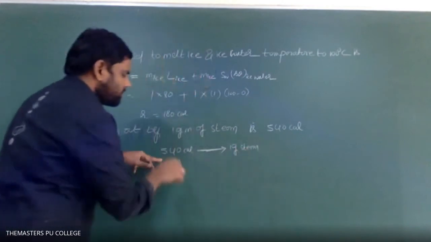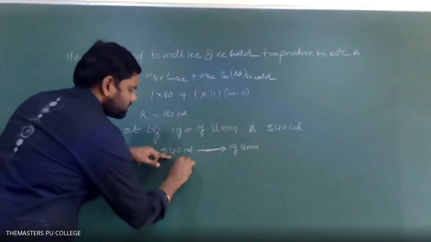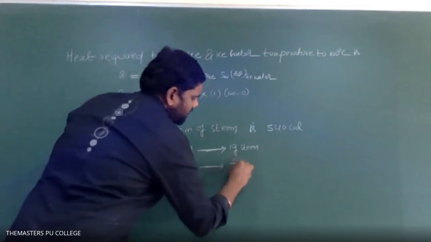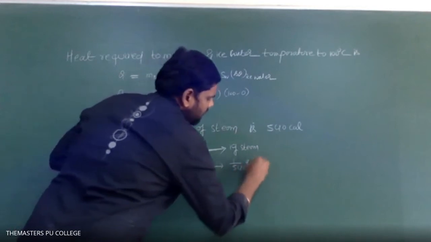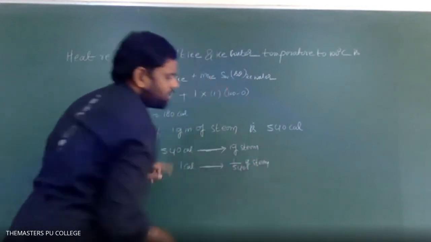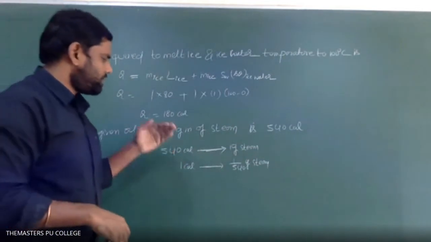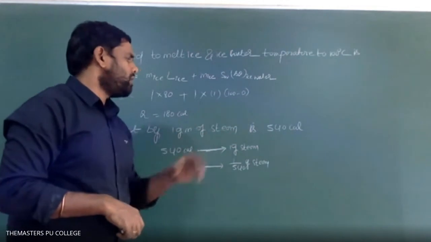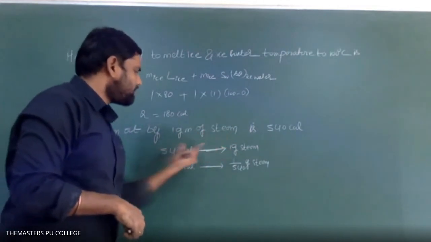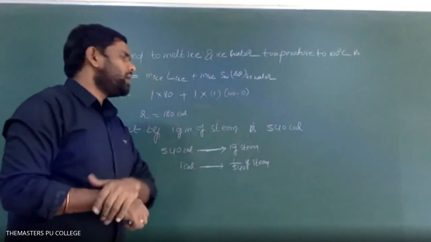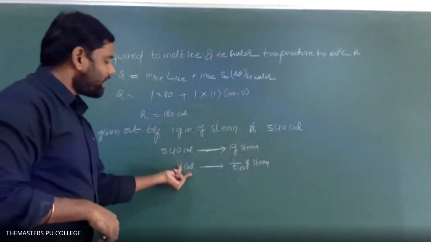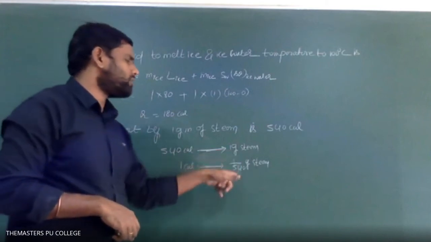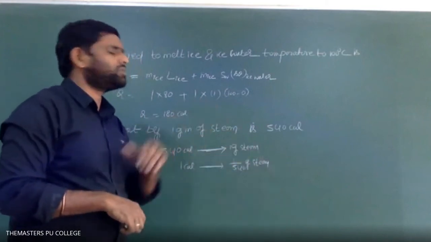So to get 1 calorie of heat, 1 by 540 gram of steam is enough. 540 calories of heat is given out by converting 1 gram of steam into water. Hence, to get 540 calories, 1 gram of steam has to be liquefied. So to get 1 calorie of heat out, 1 by 540 gram of steam is enough.